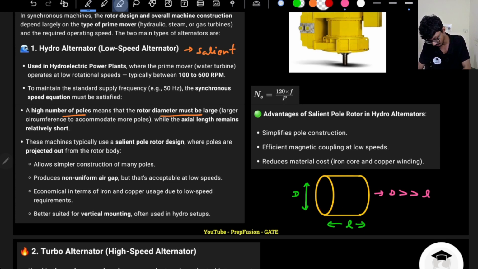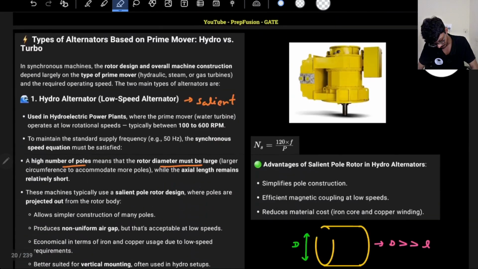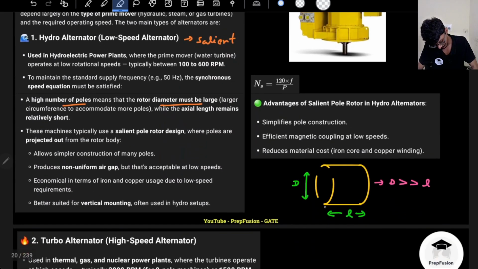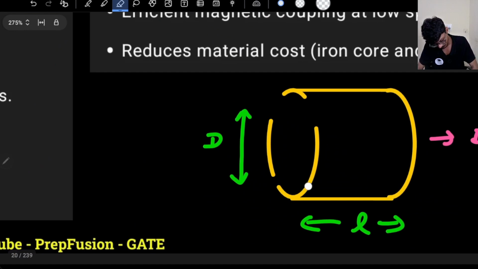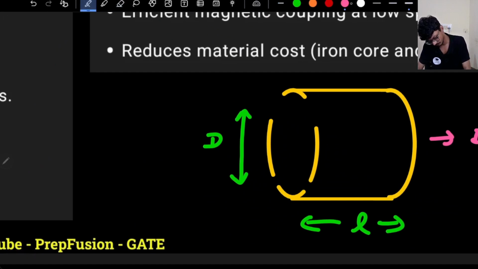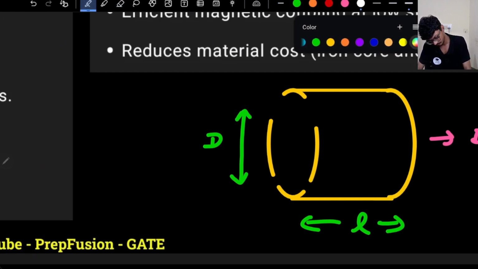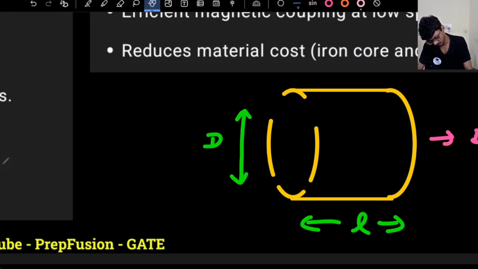I will do one thing, otherwise you will get confused. So what can I do? I can kind of connect these things. Like roughly I'm drawing, these are the poles basically.